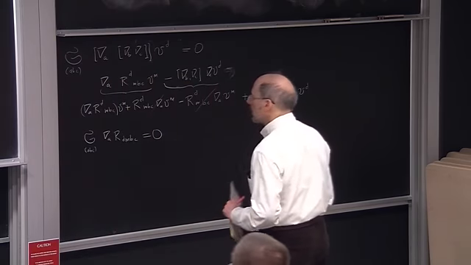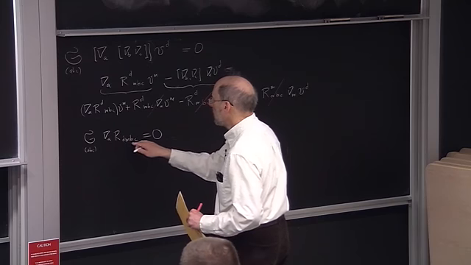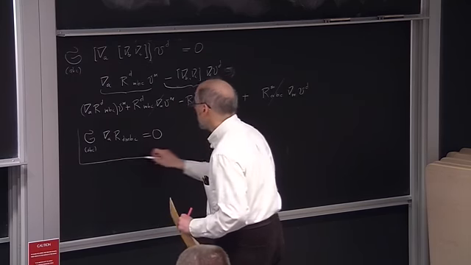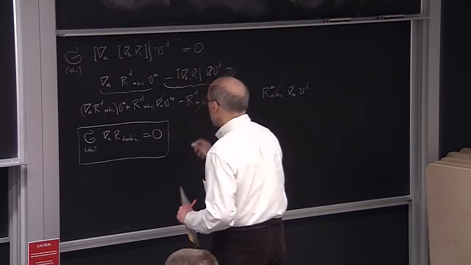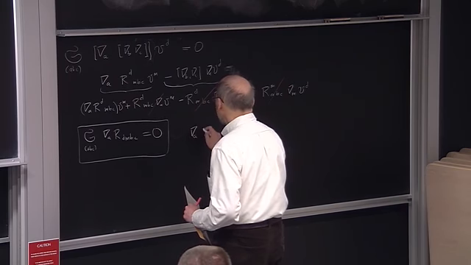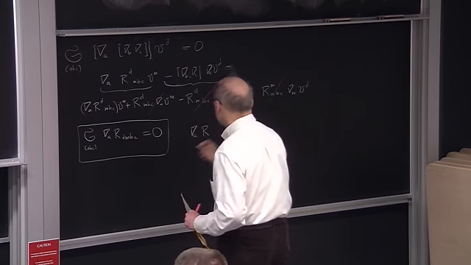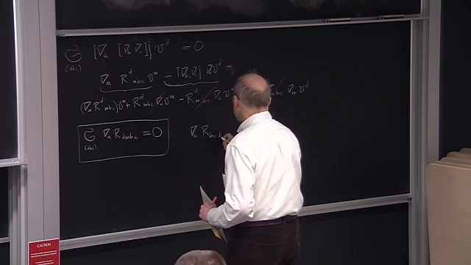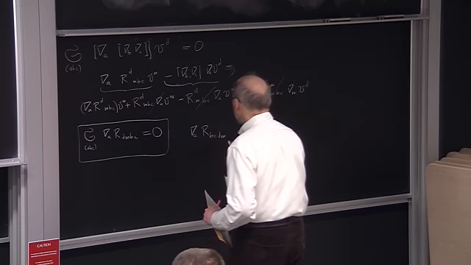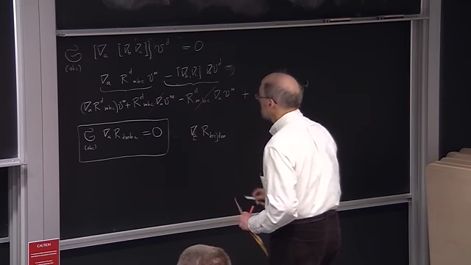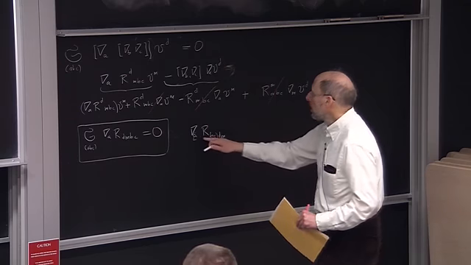To make it look a little nicer, using what we now know about the symmetry of the Riemann tensor, I can switch the first pair of indices with the second pair of indices. This is called the Bianchi identity. So B, C, D, M, let's say. And remember, because of the skewness, I can also represent this as a total anti-symmetrization if I want. So anyway, that's the statement.